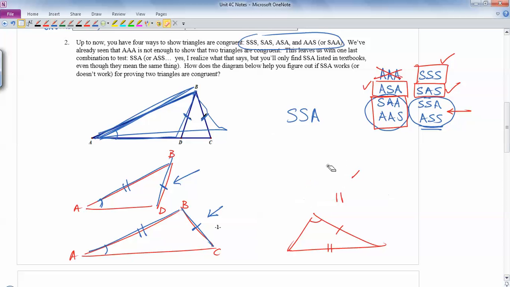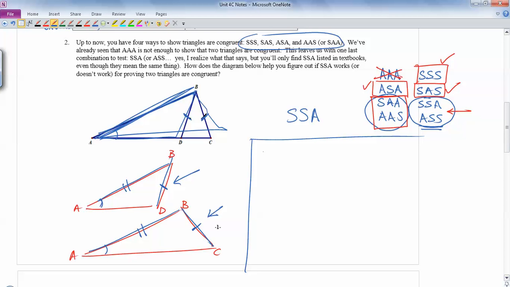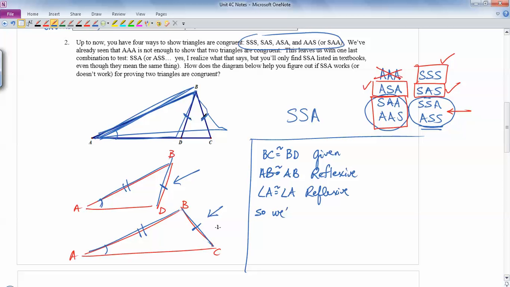So here, I'll write out some instructions over here so you have notes that you can put down and reference later. So one of the things that we knew, BC was congruent to BD. That was given. We knew that AB was congruent to itself. That's reflexive. We knew angle A was congruent to itself. That's reflexive. So what we've done is we've matched up SSA, or if you wanted to call it ASS, that's fine with me, info, for both triangles.